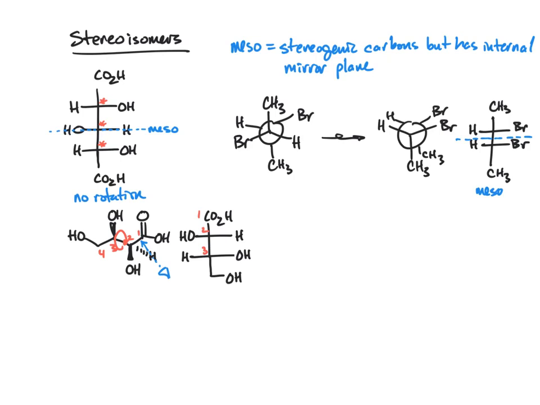Or wait, no, trans to one another. Sorry, I'm confusing myself. They're syn now, they're going to be anti when you do the rotation. Can you envision doing that in your head? I'll make a model right here. So let me pause there.